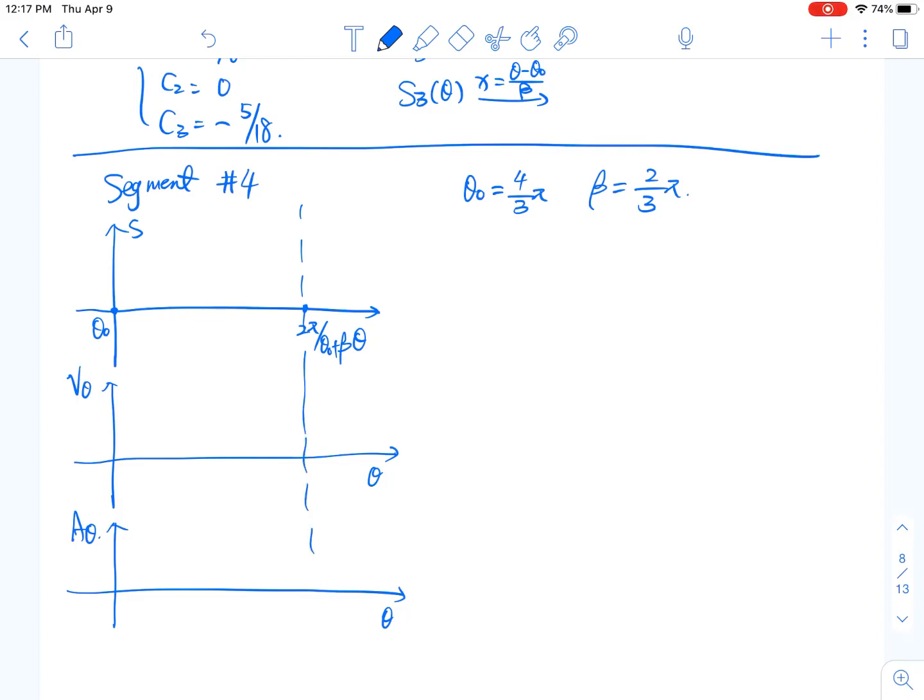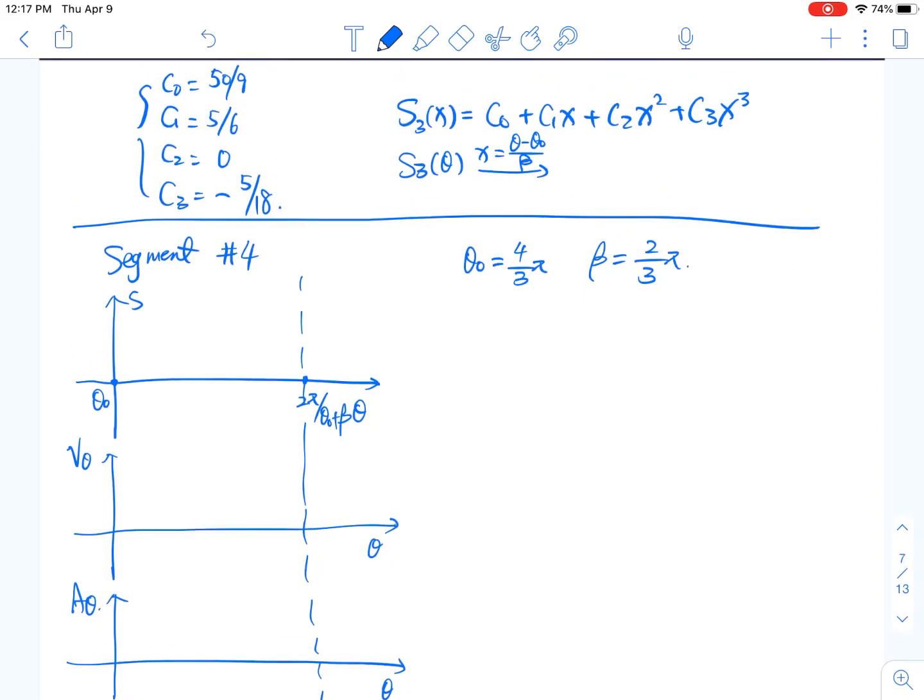Okay, and then you need to find all the boundary conditions you know. So in this case, all the boundary conditions are already given, because this segment 4 is connecting to segment 3 on the left hand side. It also connects to segment 1 on the right hand side, because that's how your motion repeats.